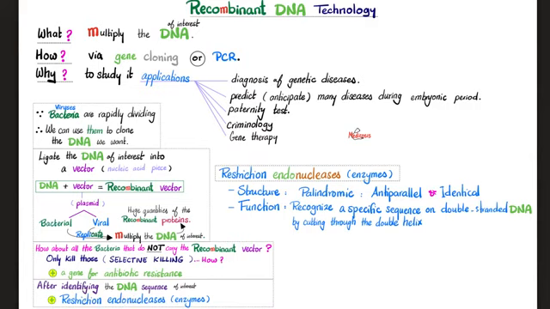After identifying the sequence of the DNA of interest, it's time to add restriction endonuclease enzymes, also known as restriction enzymes. What are they? They are palindromic. What does that mean? It means identical and anti-parallel. Example, suppose that one strand is 5' G, A, T, C, 3'. What's the other one?